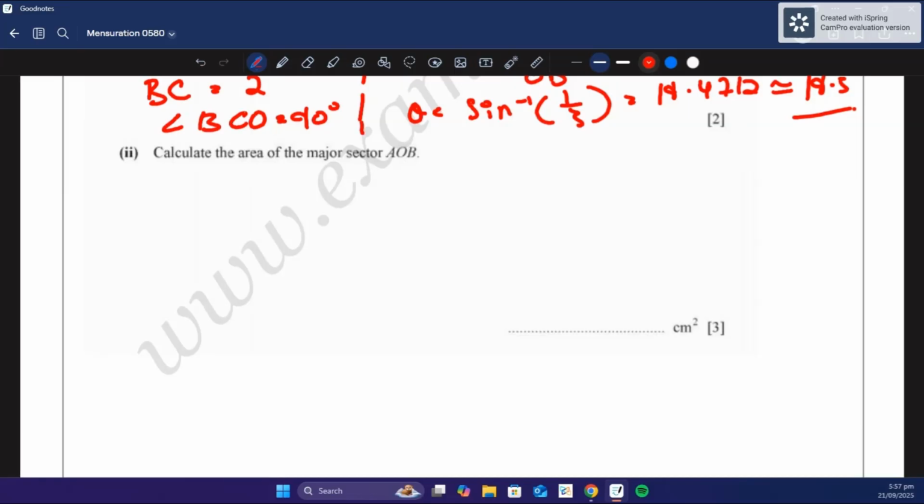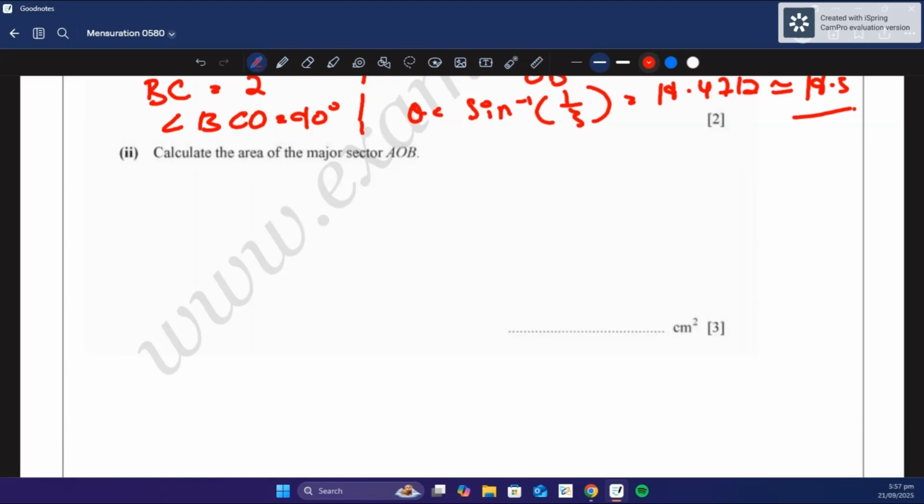Now we're just going to use the cosine rule. Cosine 135, which is the angle, equals minus cosine 45, which would give us minus 0.7071. So we found cosine 135. Now let's put it in the cosine rule.